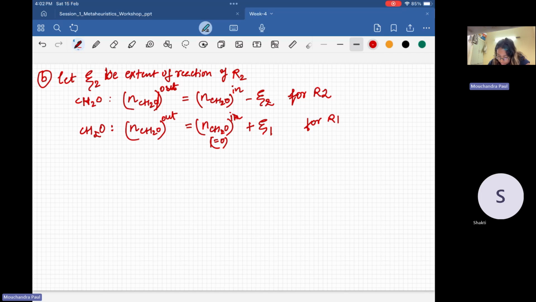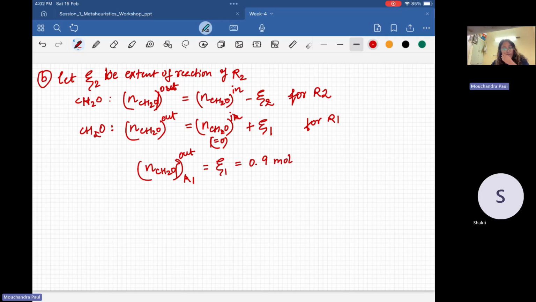So for R1 it will be equal to xi1, which was 0.9.